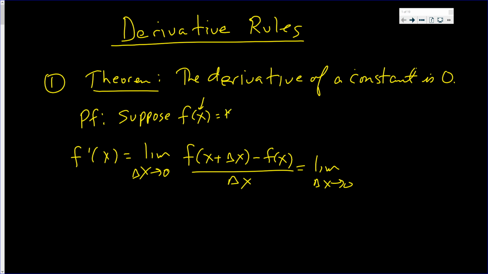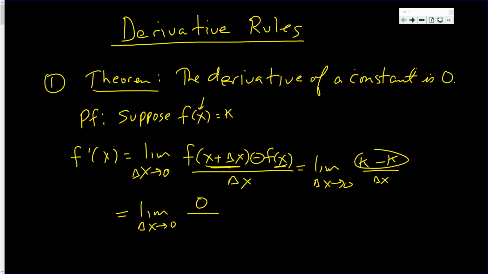So f of this is k, minus f of this, k, all over delta x. Now, in the numerator, k minus k is a true 0. It's not getting closer to 0, it's not approximately 0, it's not more than 0, it's not sometimes 0.